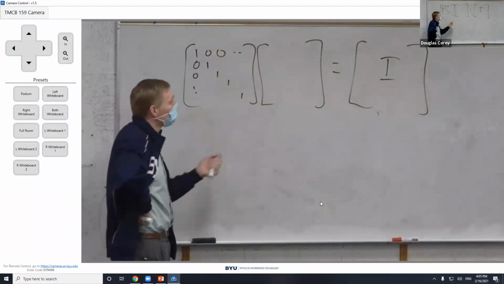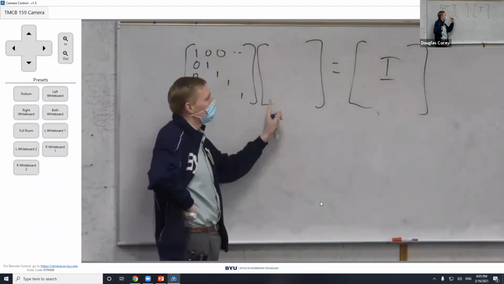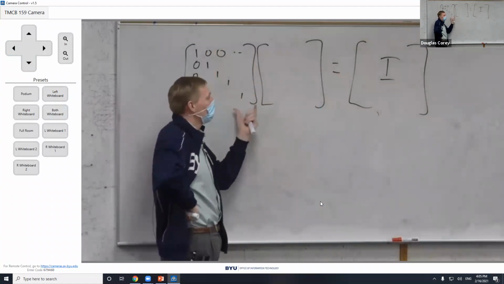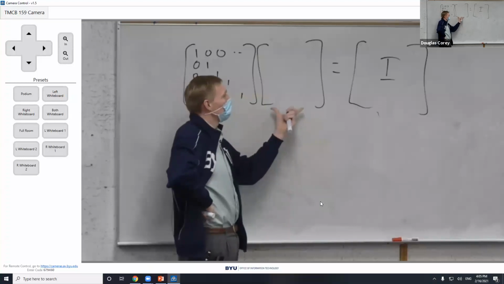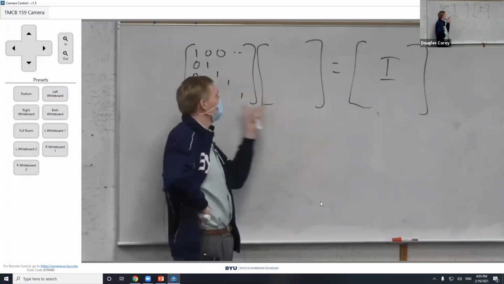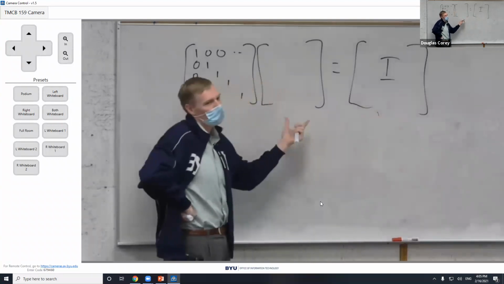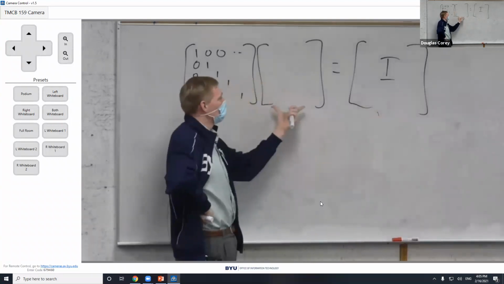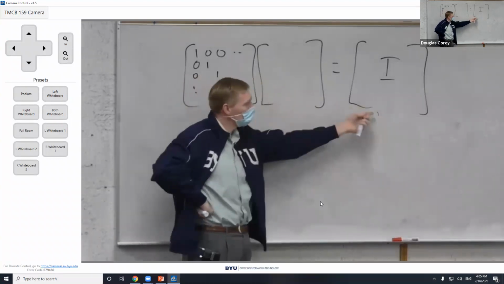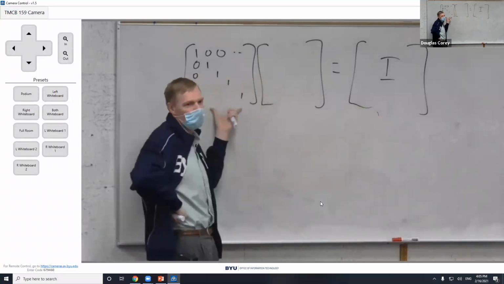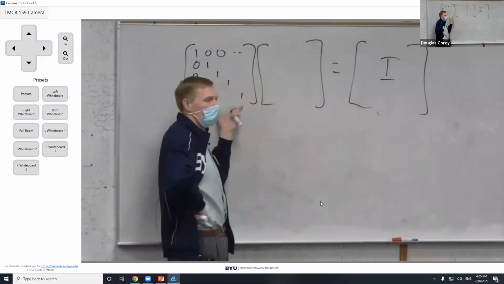Yeah. So one of the ways to prove it is, since the definition of an inverse matrix is if you can find a matrix that you can multiply by that matrix and get the identity. So we can go right back to the definition and say, well, if I can find one and show that this times another matrix is the identity matrix, then I know this has an inverse, or it is invertible.